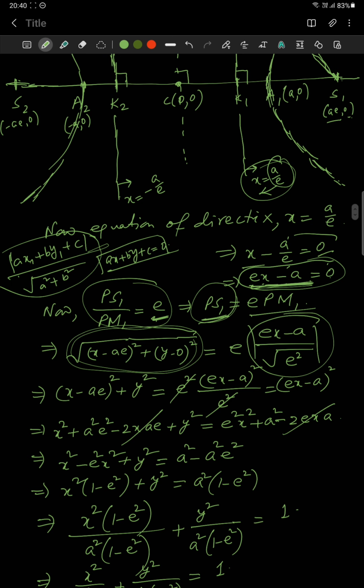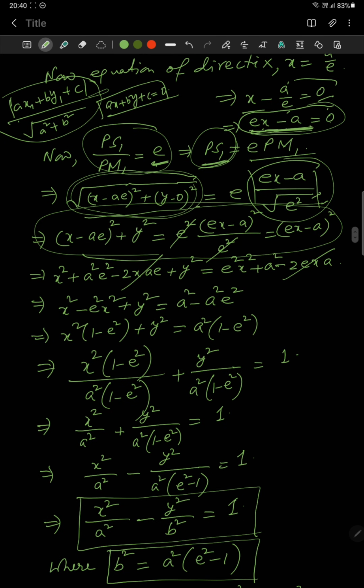So now simple calculation of this whole thing, means squaring both sides, we are getting this whole thing, and after calculation we come across finally this particular relation.